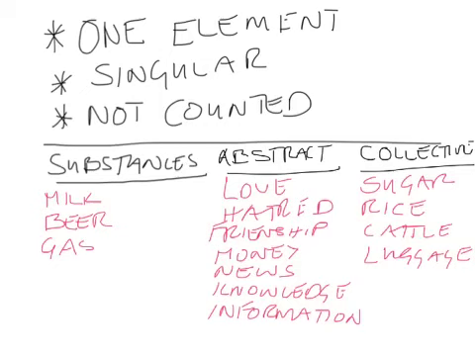So, for example, the word luggage. Luggage consists of several suitcases. Cattle consists of several different animals, cows, and 100 cows becomes the cattle of the farmer. The same with the example we used before, furniture.